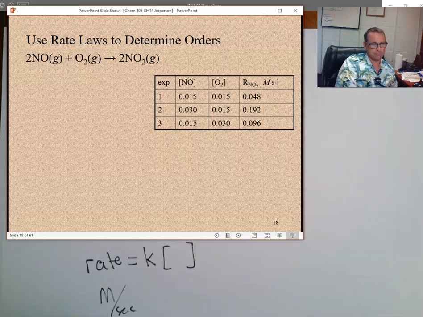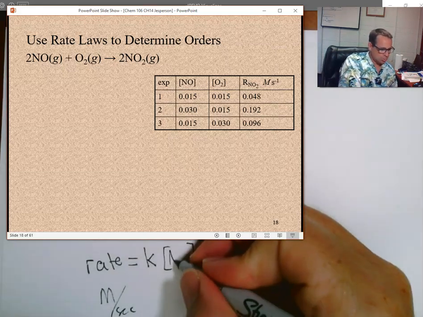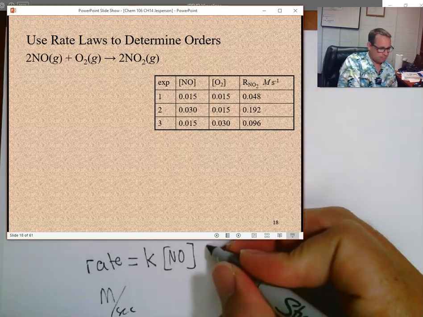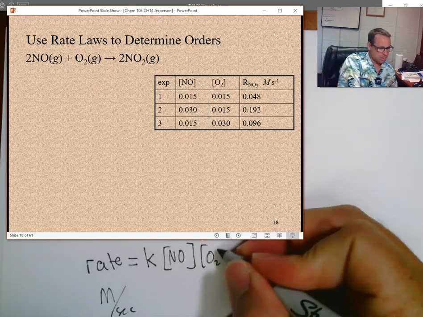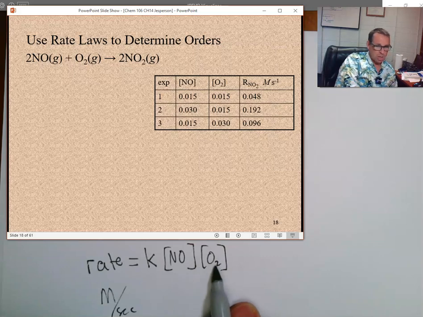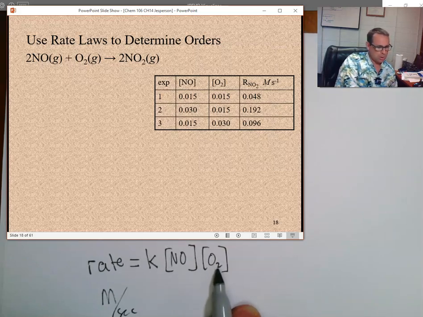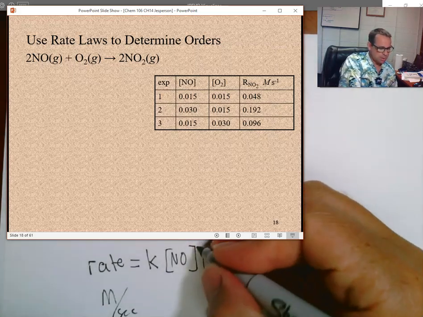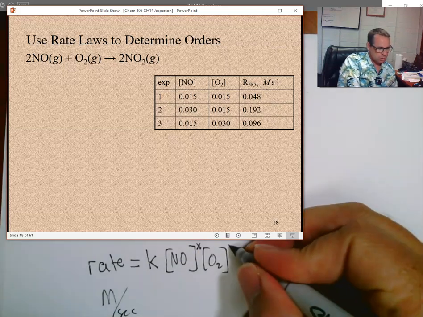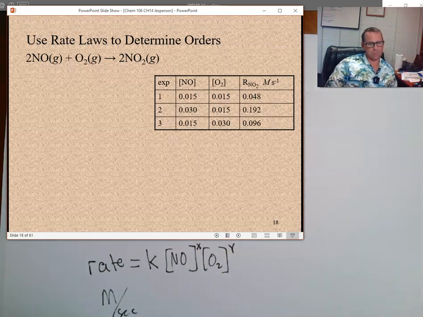The concentration of NO. The concentration of O2. Very good. Times, that's not plus, but times the concentration of O2. And NO is going to be raised to some value, and O2 is going to be raised to some value. Right?